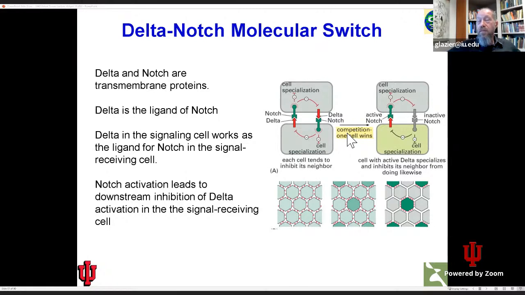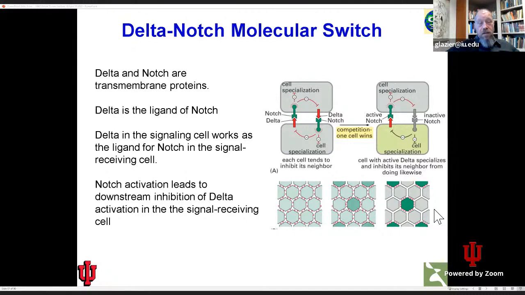There's some intracellular signaling going on. Activated notch inhibits cell specialization. It keeps cells in a stem-like state. Activated notch inhibits the production of delta. In general, if you have two cells that are initially symmetric, one will go high notch and one will go high delta, and you'll get a checkerboard pattern like that.